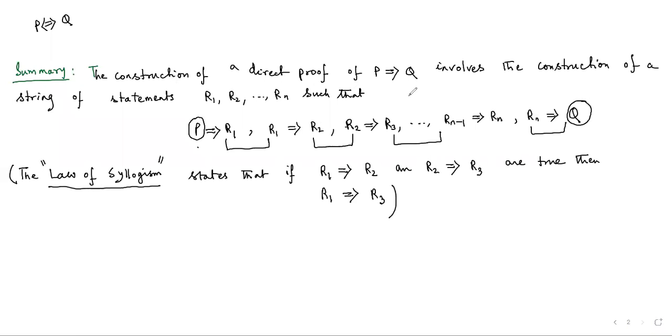Another part will say Q implies Rn, Rn implies Rn minus 1, and so on, until R1 implies P. In that case, the two directions will be taken care of in the biimplication. But since we are only talking about unidirectional implication from P to Q, I have written only a one-sided arrow.